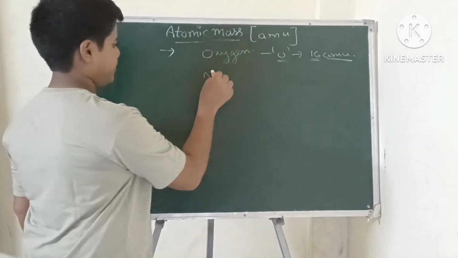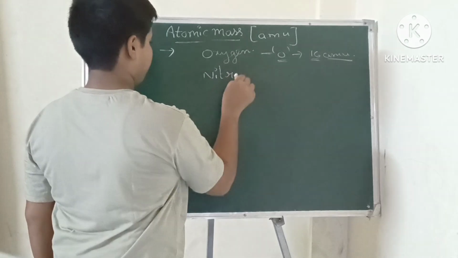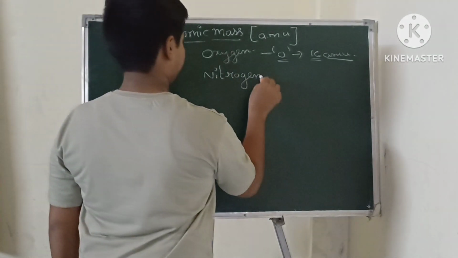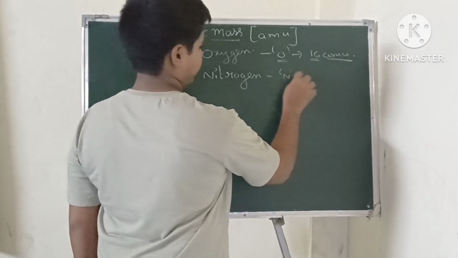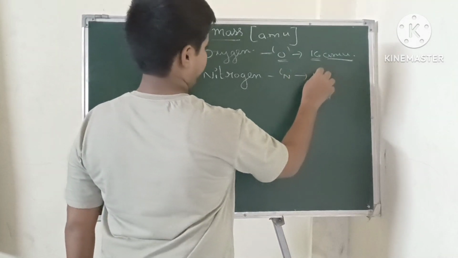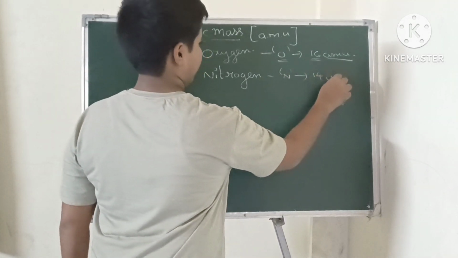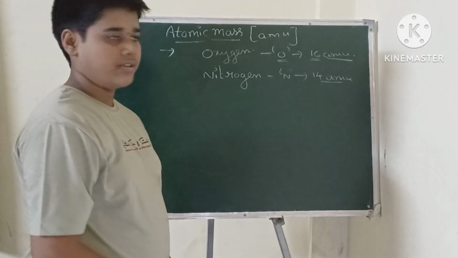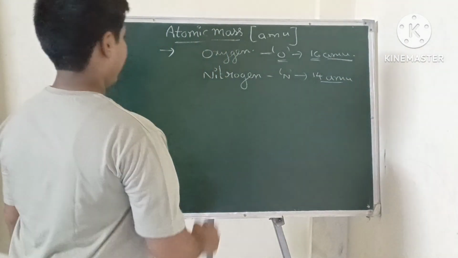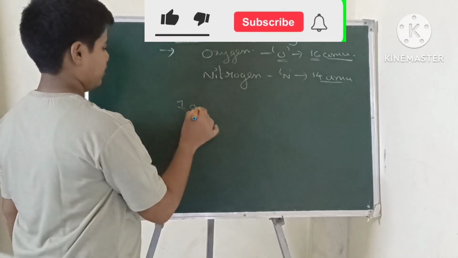And another example, nitrogen, N. The nitrogen weight is 14 and we have to add the atomic mass unit. So 14 AMU.